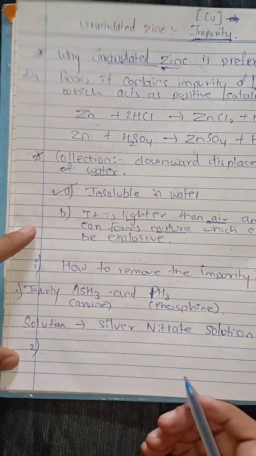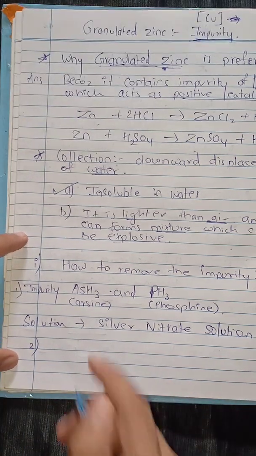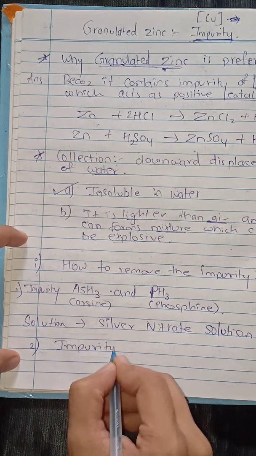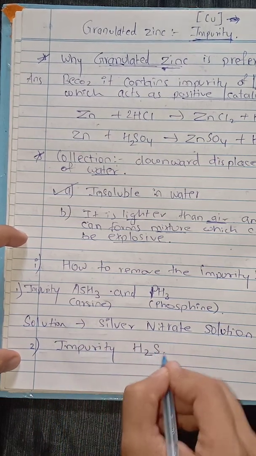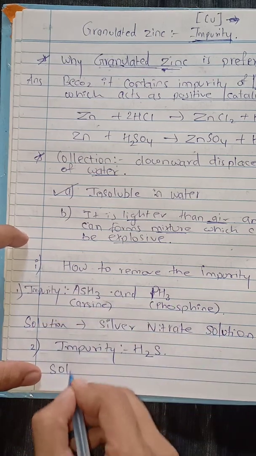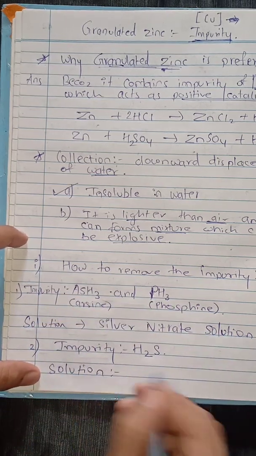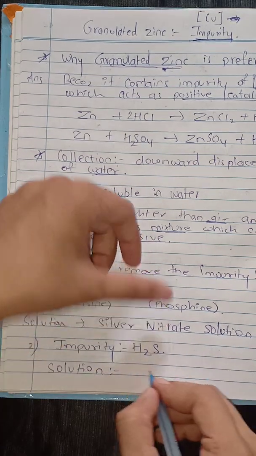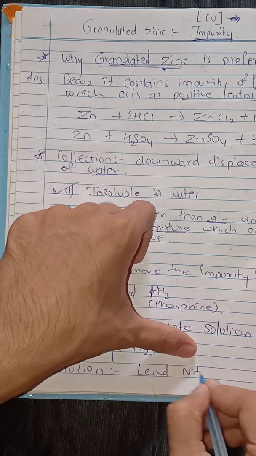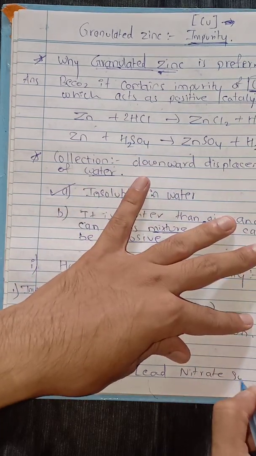Second, if the impurity consists of hydrogen sulfide, I should take lead nitrate solution.